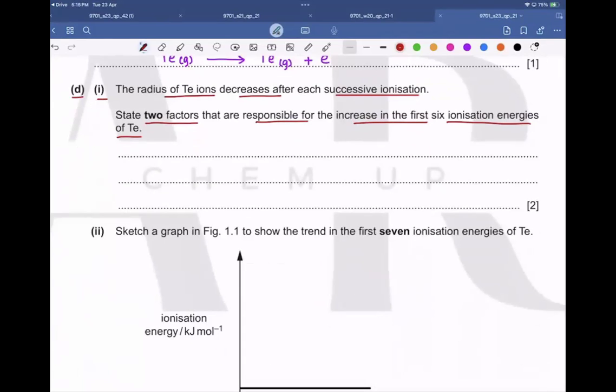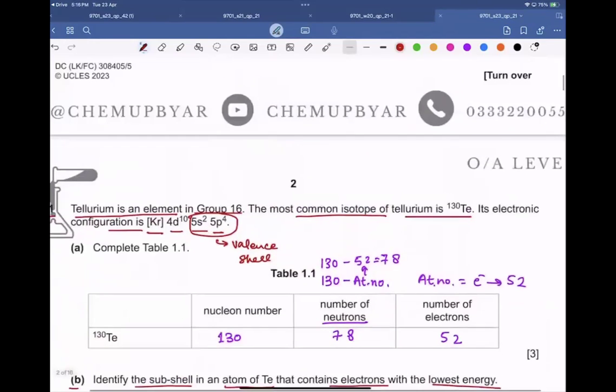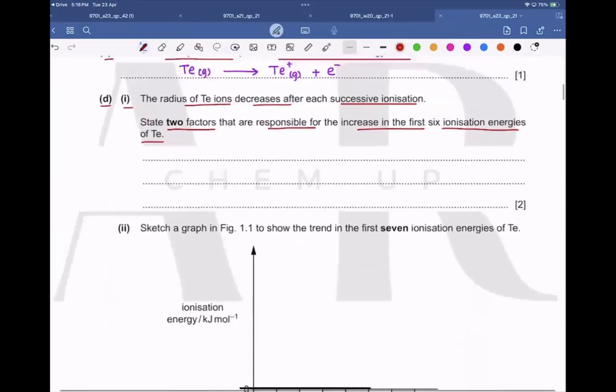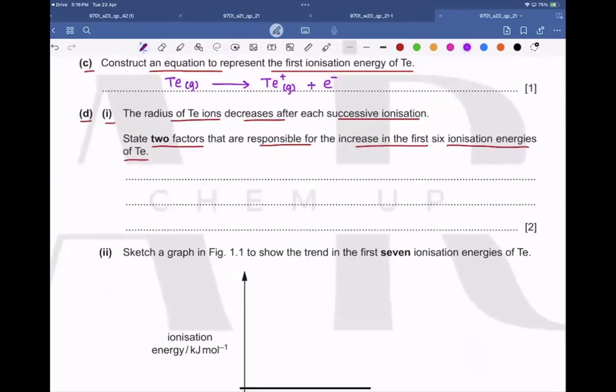And what happens to the shielding effect? There is a little decrease in the shielding effect when we move after the 4 of these, because now if the electron is being removed from this subshell, it has a relatively lesser shielding effect.